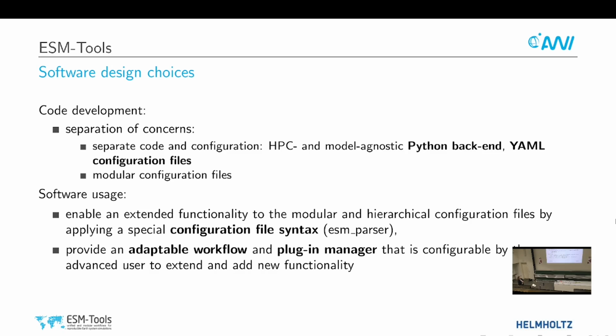In order to make this a bit more functional, we developed a parser that parses the YAML files, so the configuration files, and I will show in an example how this looks, to give this more functionality. And we also have an adaptable workflow manager, so you can add additional functionality to the whole tool.